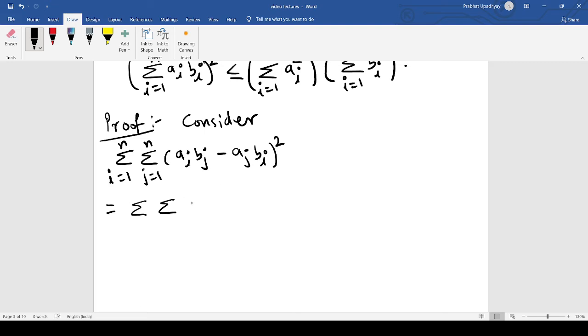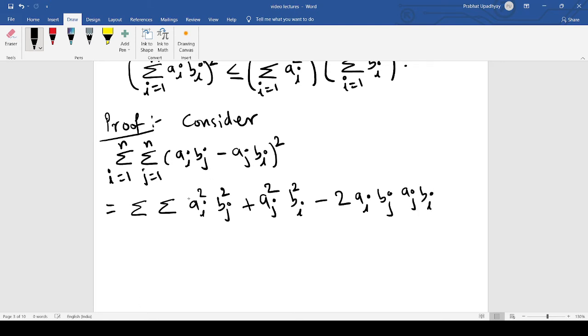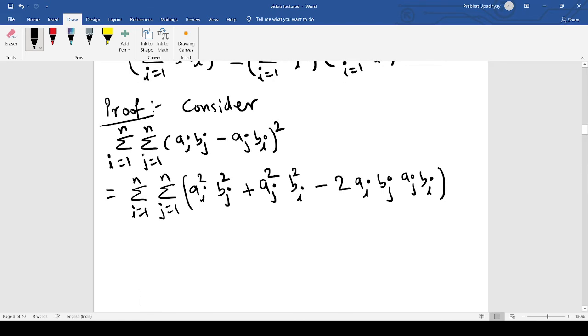summation of (ai square bj square plus aj square bi square minus 2 times ai bj into aj bi), where j is running from 1 to n and i is also running from 1 to n.